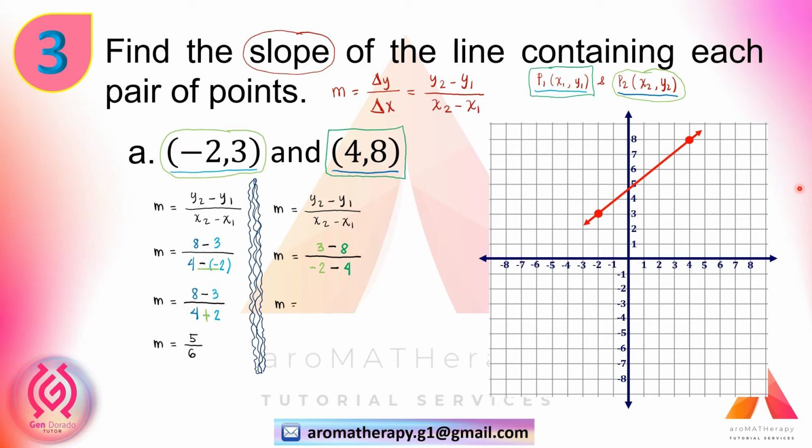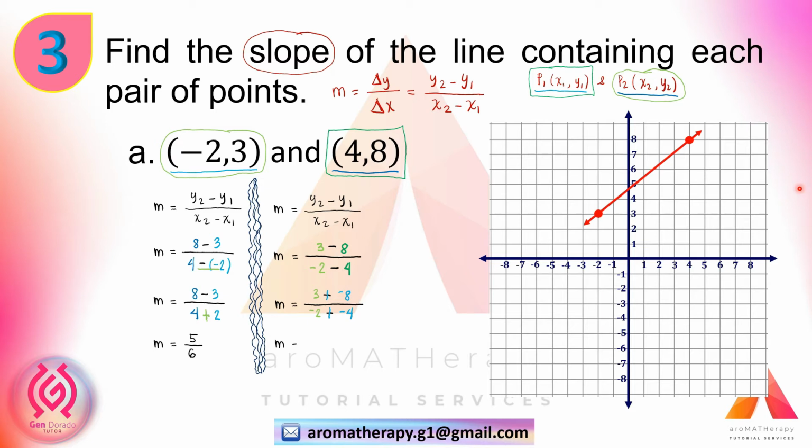So M is now equal to 3 plus negative 8 over negative 2 plus negative 4. Okay? Can you follow?